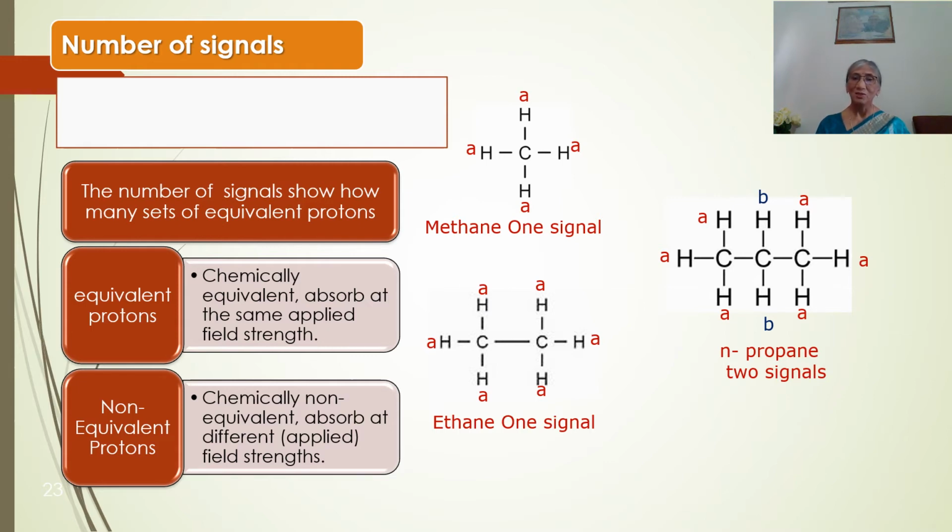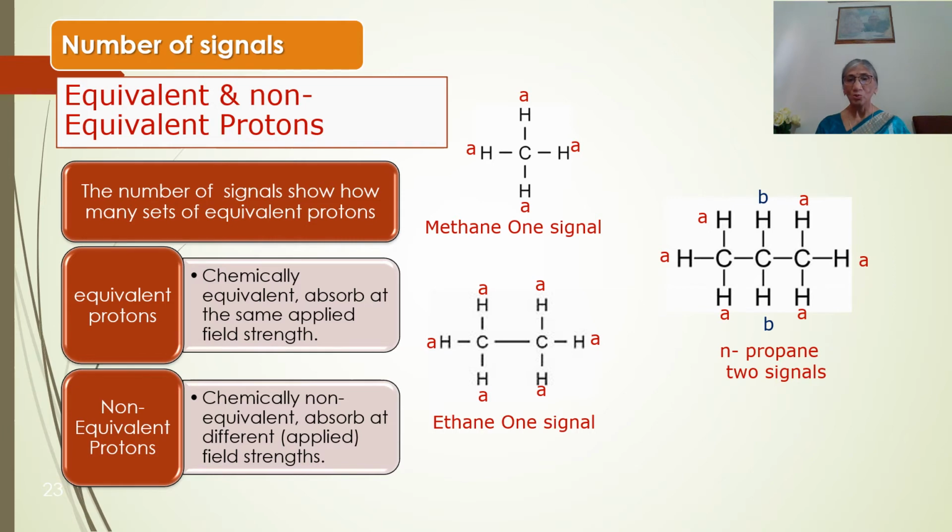So what is the meaning of that? In methane only one signal, in ethane only one signal, and in propane there are two signals. As we know, equivalent protons show the absorption at the same applied magnetic field.